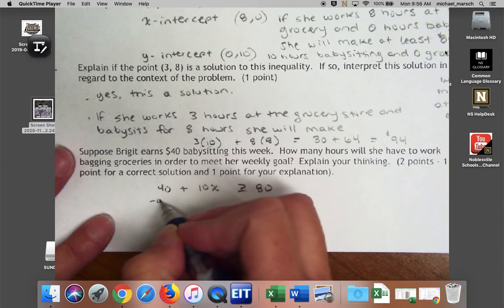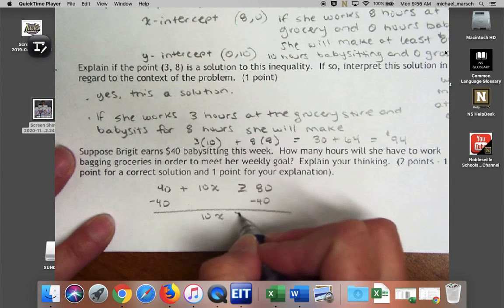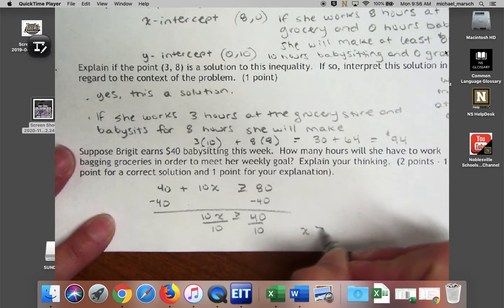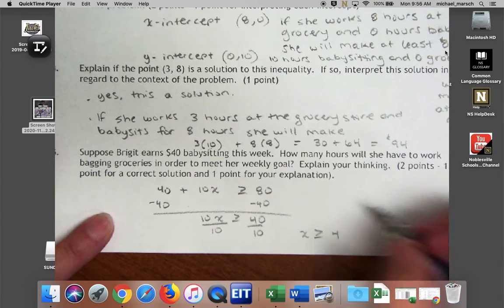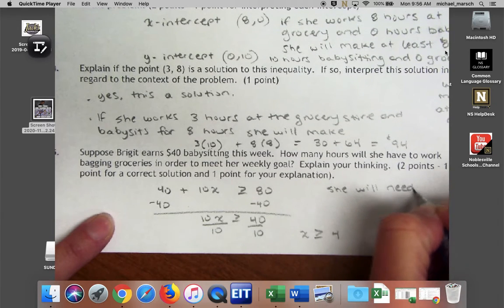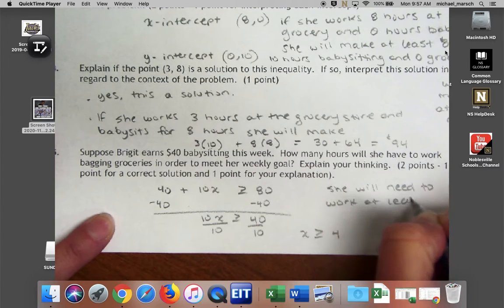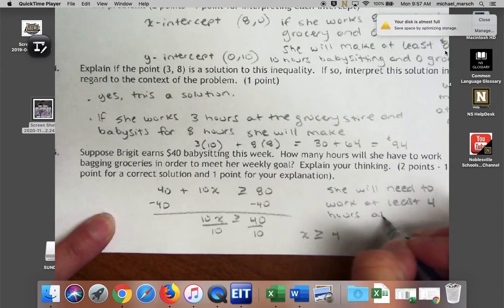So I'm going to solve this. Divide by 10. X is greater than or equal to 4. So how many hours will she have to work bagging groceries? She will need to work at least 4 hours at the Kroger.